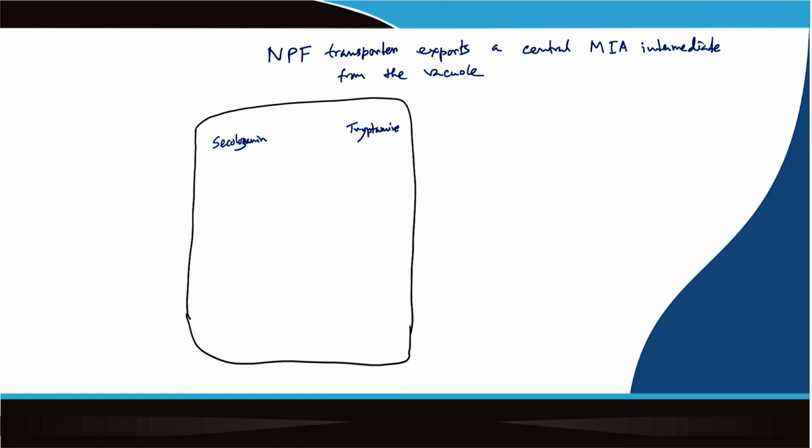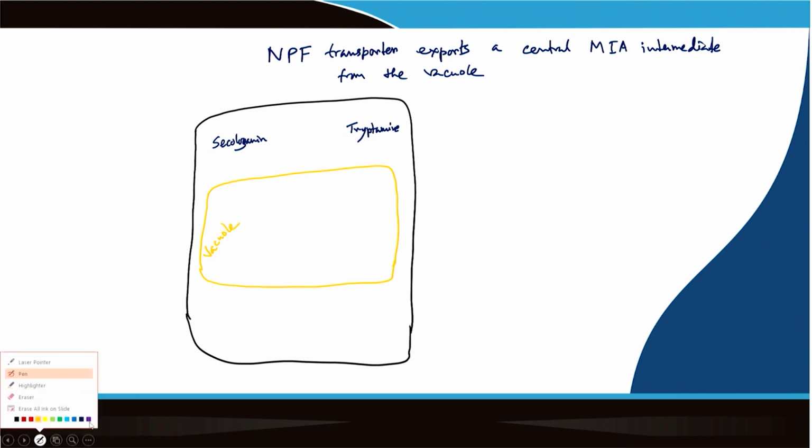So, this is the cell, and here with this color I mention that this is basically the vacuole. This is vacuole, and the remaining portion is the cytosol or cytoplasm.